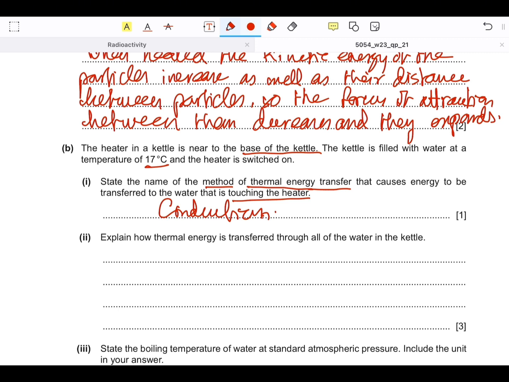Explain how thermal energy is transferred through all of the water in the kettle. Now this is about liquid heat transfer. So convection is the best way. Convection. Now what does convection mean? We just need to write how it occurs over here.